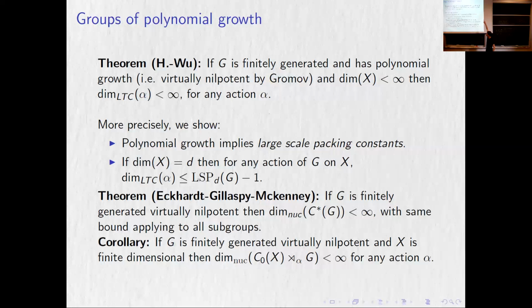The combination of those two things improves the result from the case of the integers to the case of actions of virtually nilpotent finitely generated groups, in particular Z to the n. These all have finite nuclear dimension with no restriction whatsoever on the action.